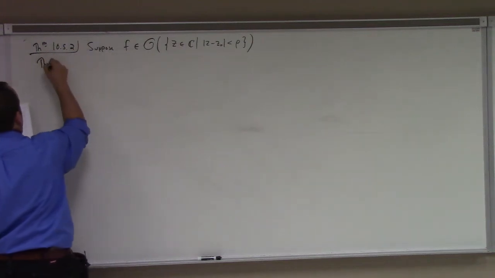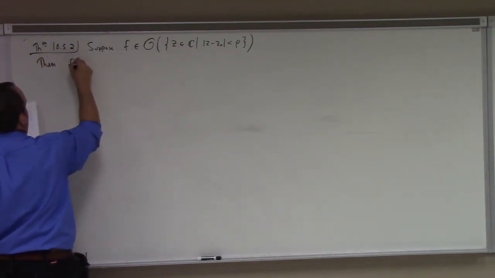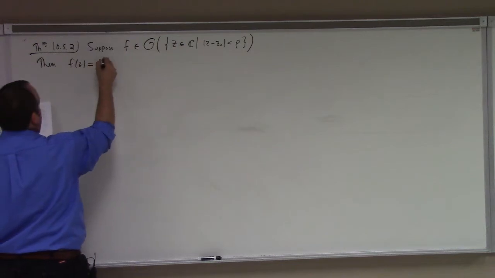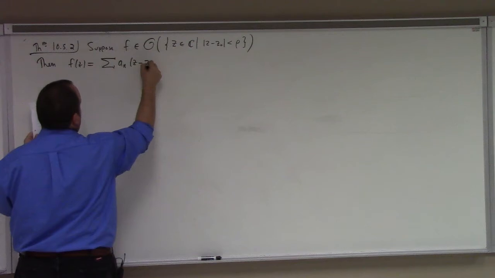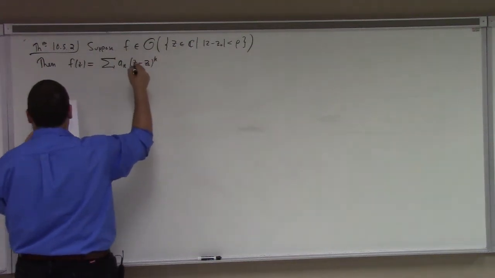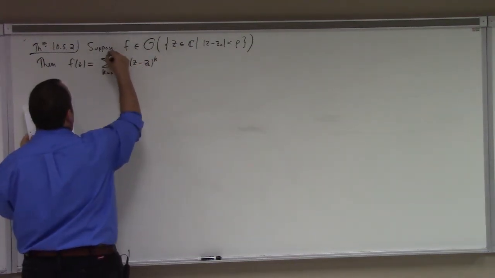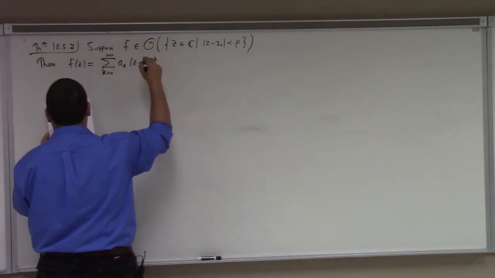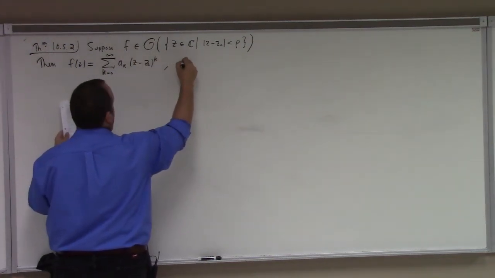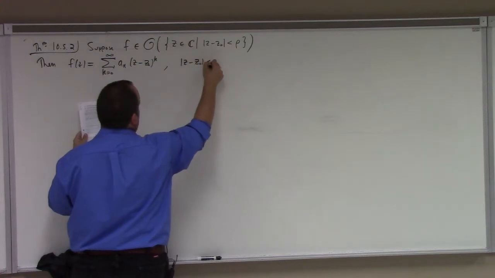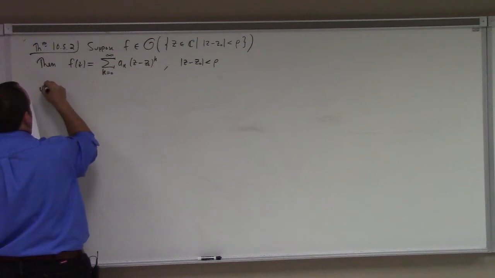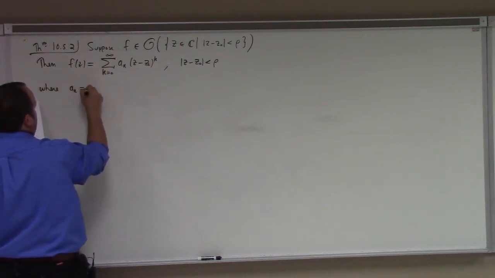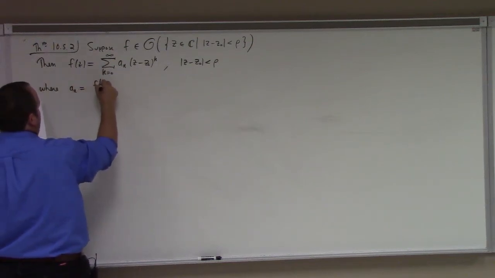Then, this is the claim of the theorem, f of z is equal to the sum of a sub k times z minus z naught to the k, k equals 0 to infinity, for |z minus z naught| less than rho, where a sub k is, you guessed it, given by the kth derivative evaluated at z naught divided by k factorial.